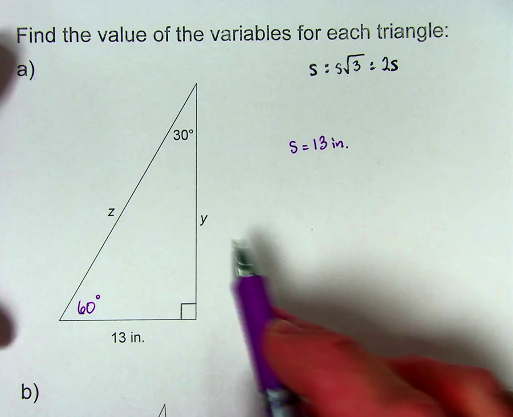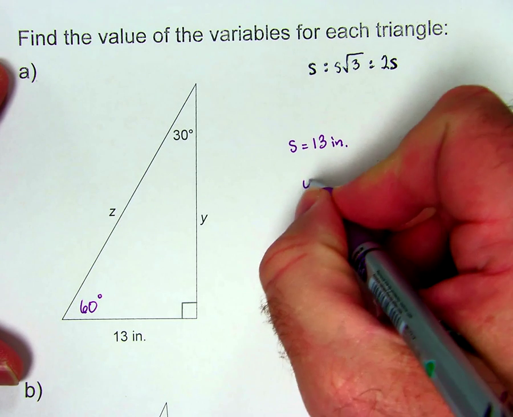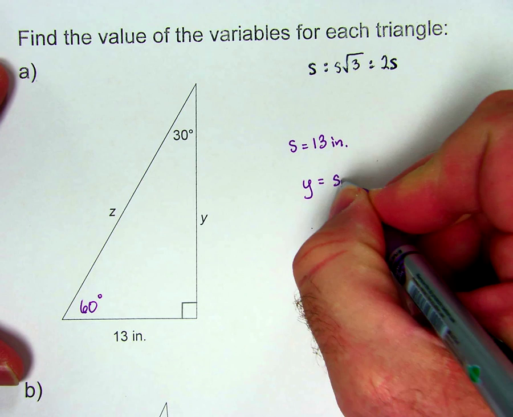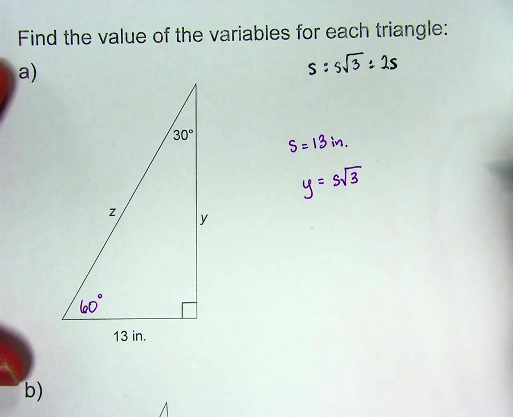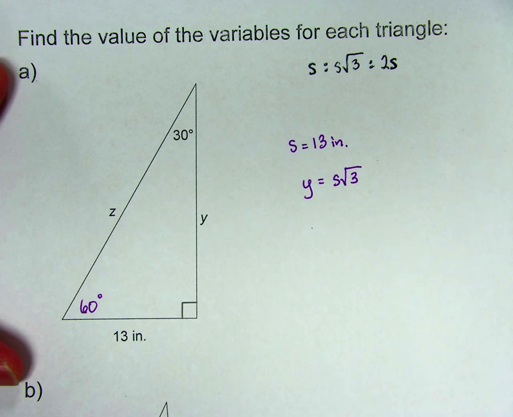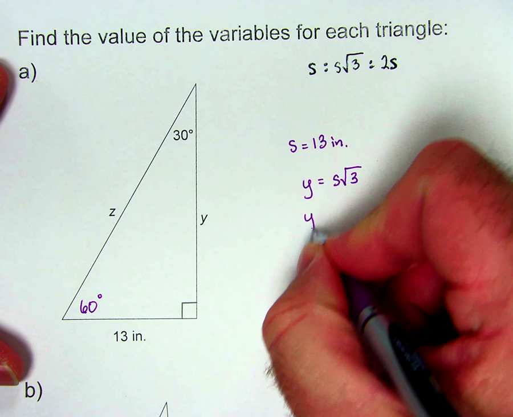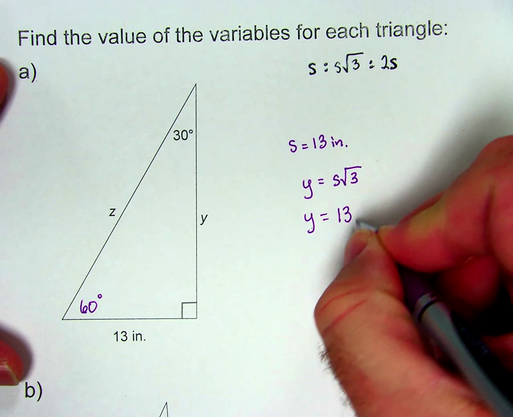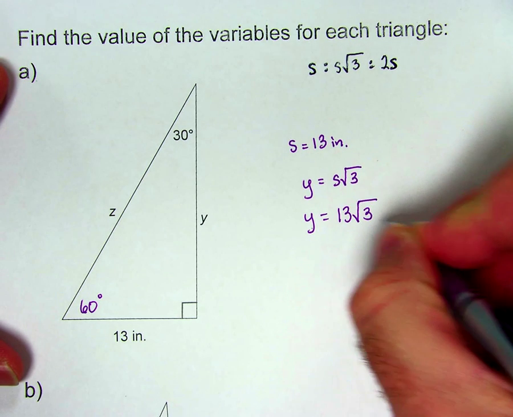So now the longer leg is Y. So Y would be S times the square root of 3. And so in this case, if S is 13 inches, then Y is going to be 13 times the square root of 3 inches.